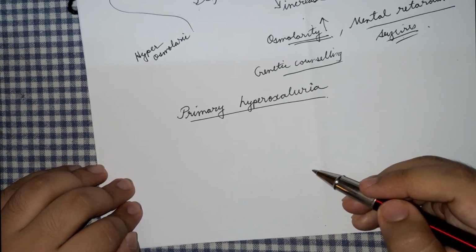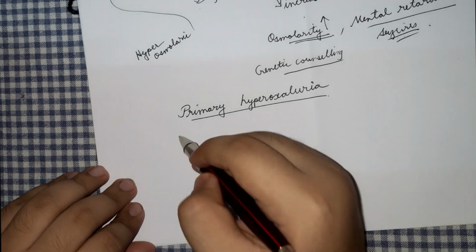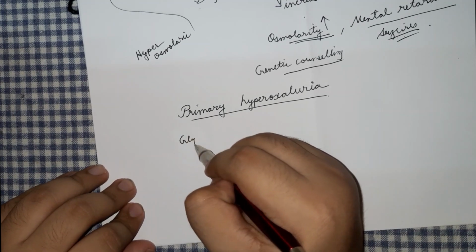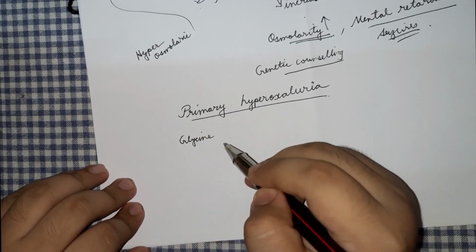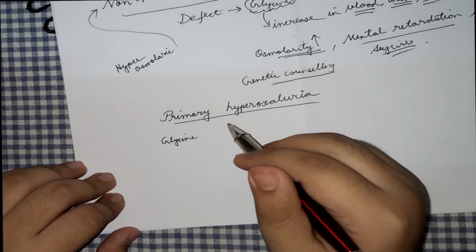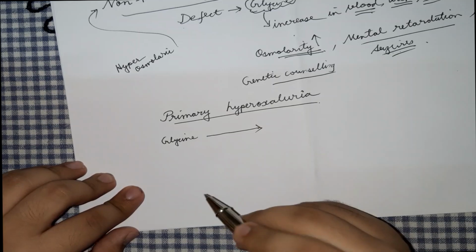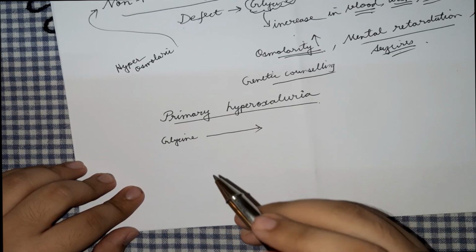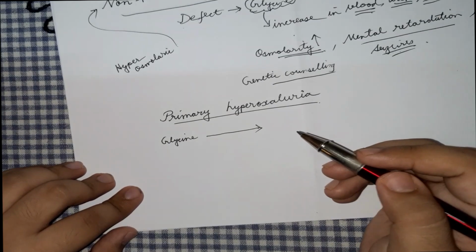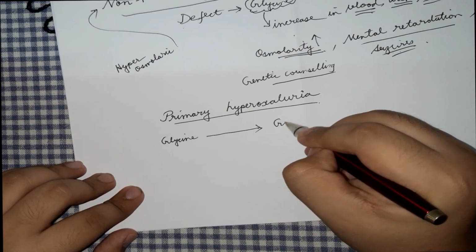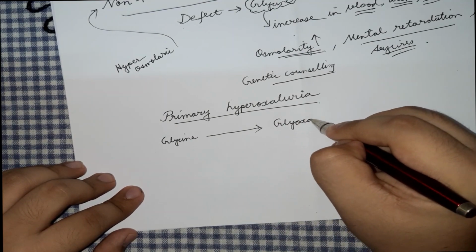Primary hyperoxaluria. What is this? You see, when I talked about glycine's metabolic pathway, or the different metabolic steps that it follows, I had not talked about glycine's conversion to glyoxalic acid. What is all that about? Alright, let me tell you.